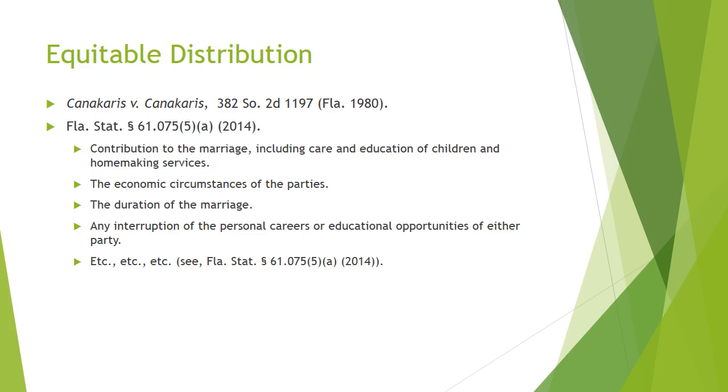But ultimately, the determination of when an unequal distribution is an equitable distribution is committed to the trial court's discretion. And remember what I mentioned in the alimony discussion: discretion is a very broad, sweeping power, where the judges will look to all the facts and decide, in the court's discretion, if there should be an unequal distribution.